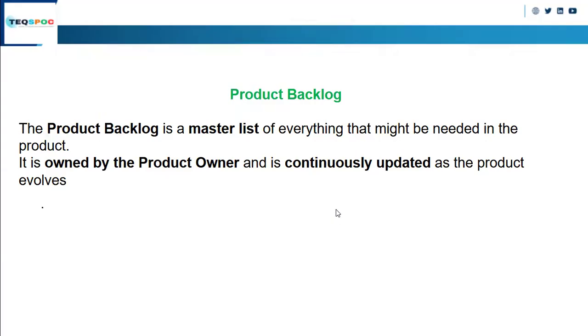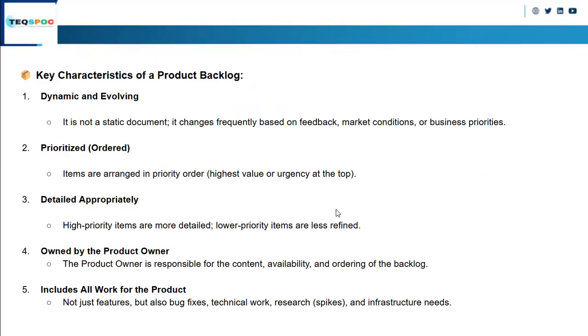As we have seen what is product backlog, now coming to the characteristics of the product backlog. First, the product backlog is dynamic, means it will keep on increasing. Then in the product backlog, we can store the requirements according to priority, means high priority higher, low priority lower.